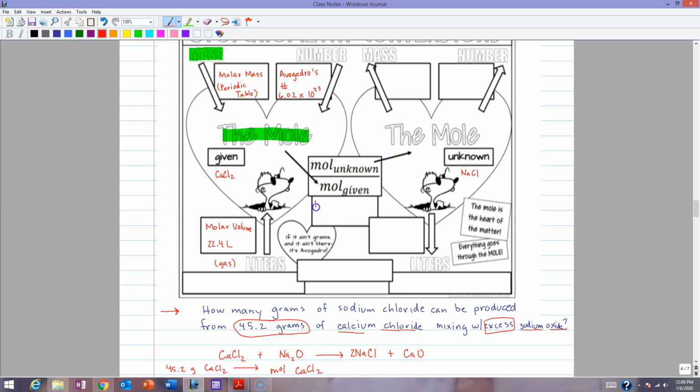So this part I'm going to get from the balanced equation. When I use the balanced equation, I'm going to convert from moles of calcium chloride to moles of sodium chloride.